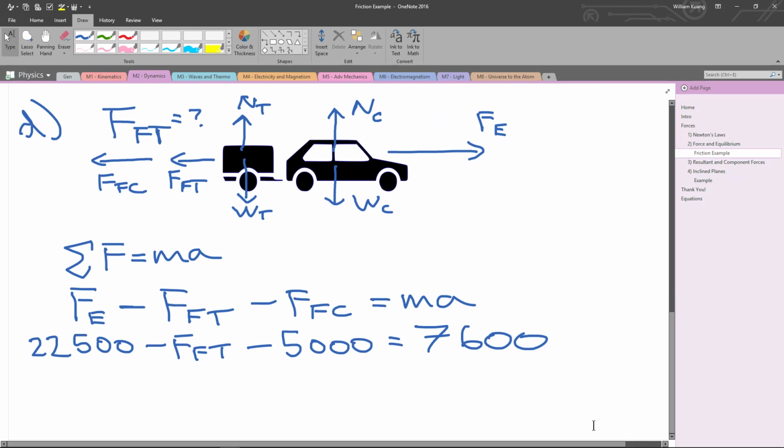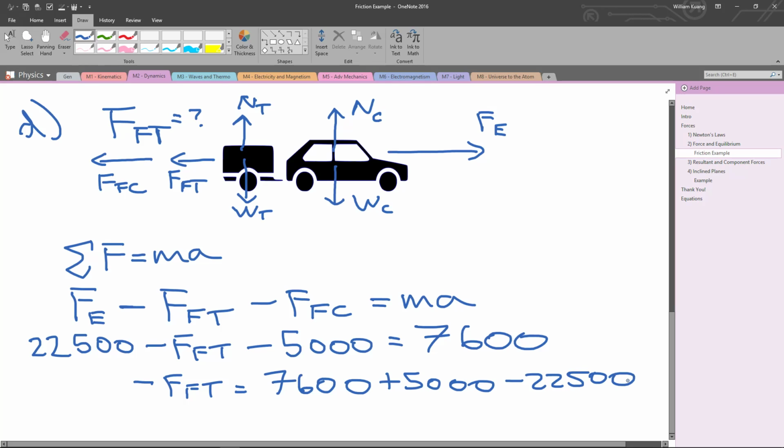Now this reduces quite simply, so all you really get is negative FFT is equal to 7,600 plus 5,000 minus 22,500. If you use your trusty calculator, you end up with a value of FFT being 9,900 newtons.